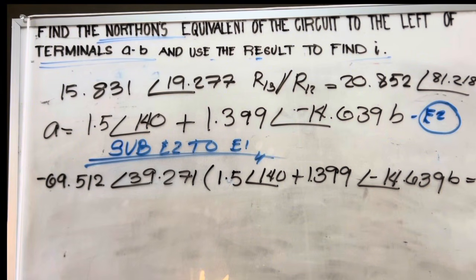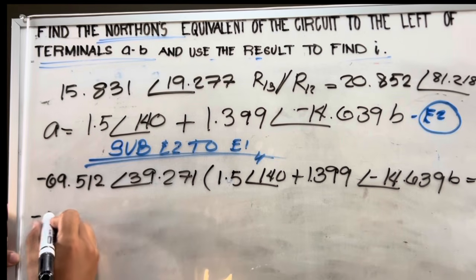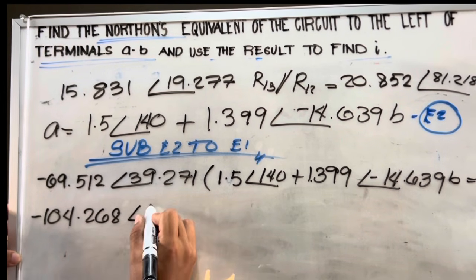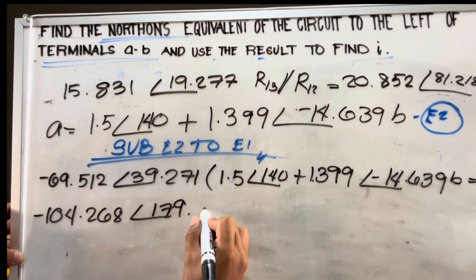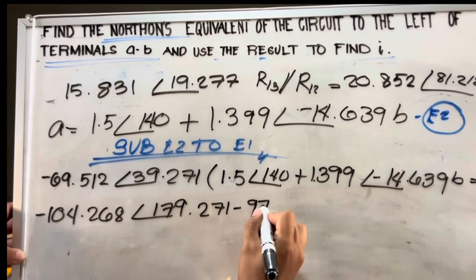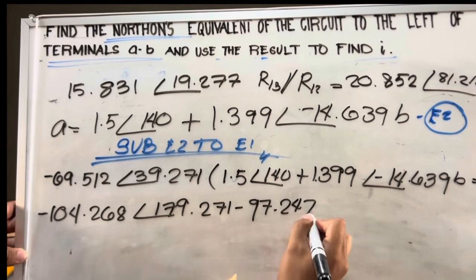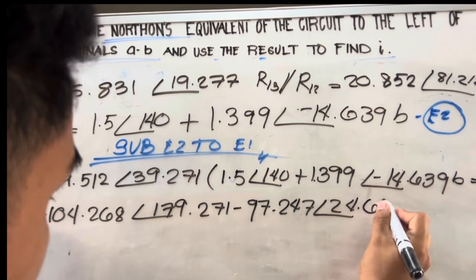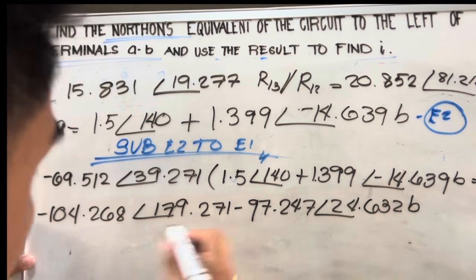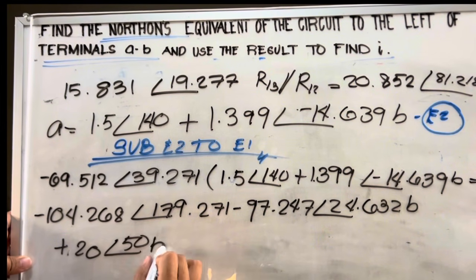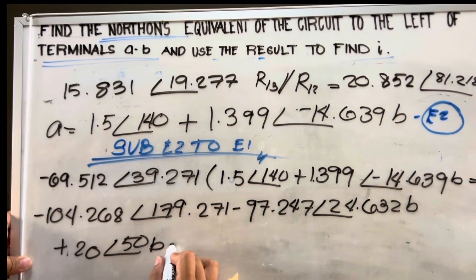So, we will now be computing this in our calculator. Our value will become negative 104.268 angle of 179.271 minus 97.247 angle of 24.632 times B plus 20 angle of 50 times B is equal to 0.